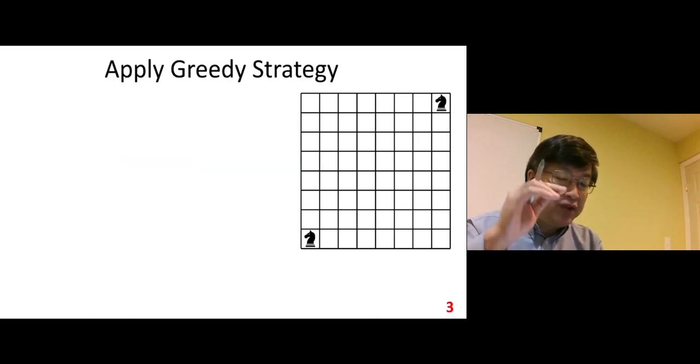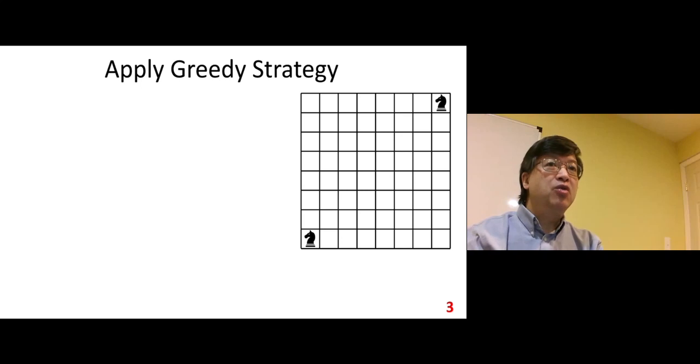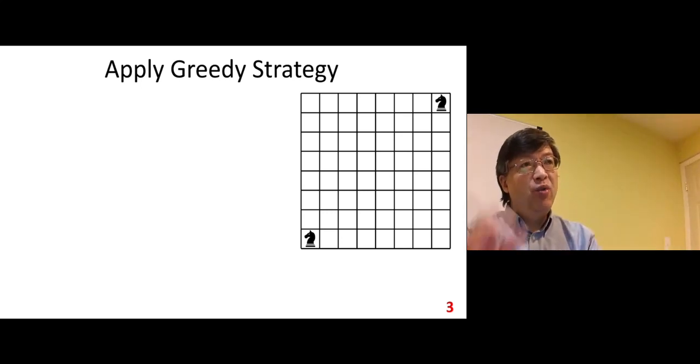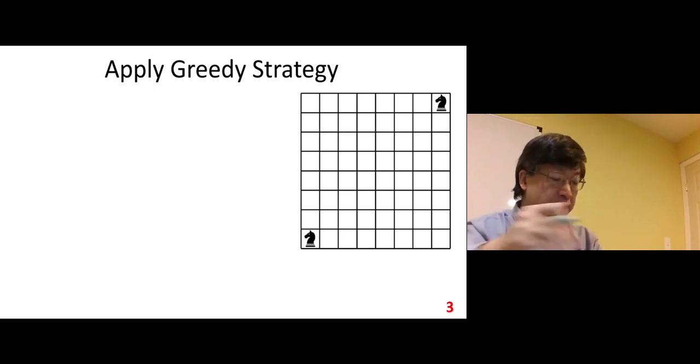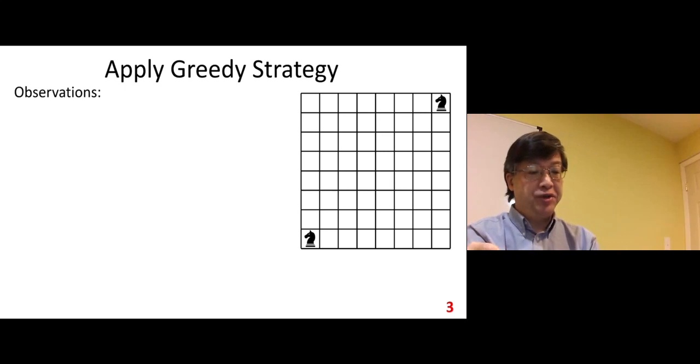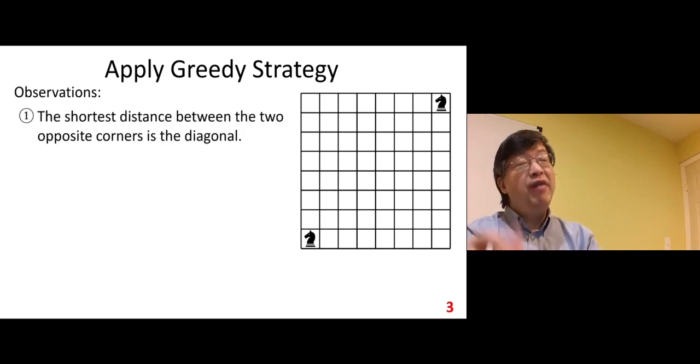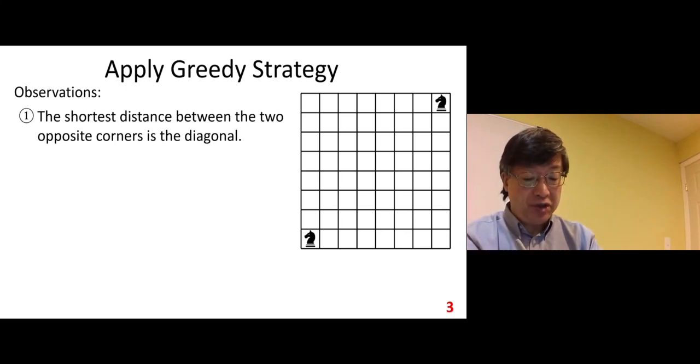First, let us apply the greedy strategy. What is the greedy strategy we use? Because there are many different ways to use the greedy strategy, here we need to find one particular way that can give us a good result. Observations on the shortest distance. First, we have an idea how to get the shortest distance between these two knights.